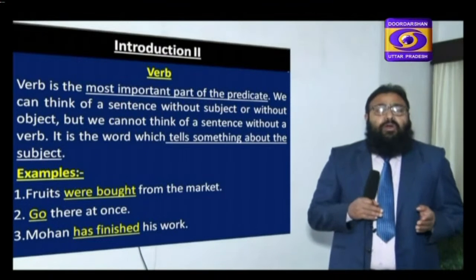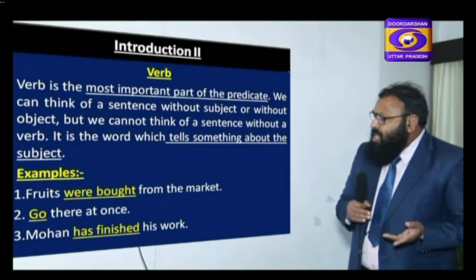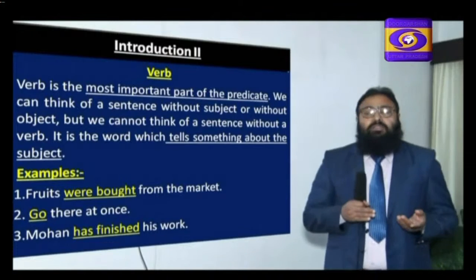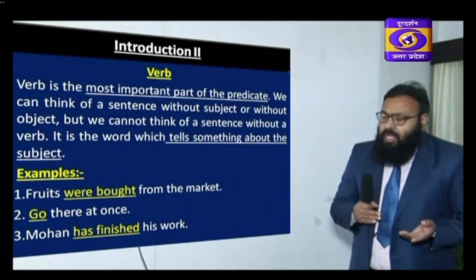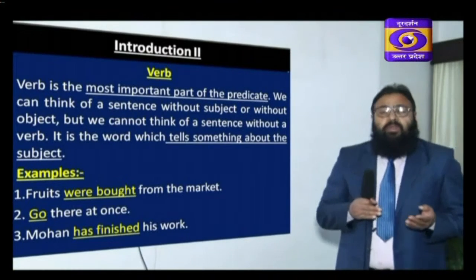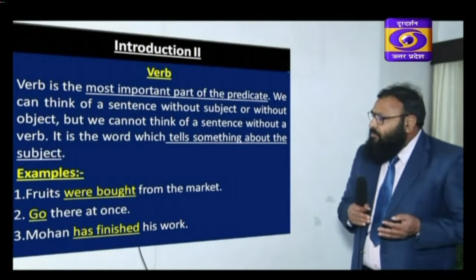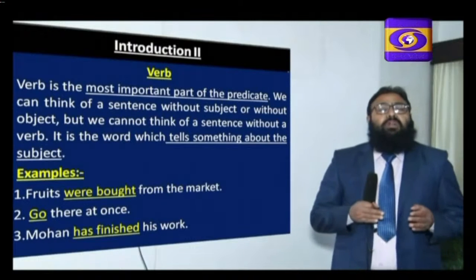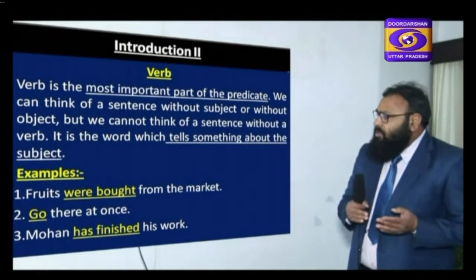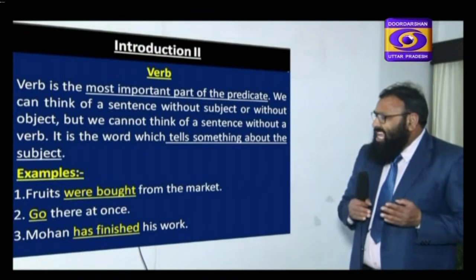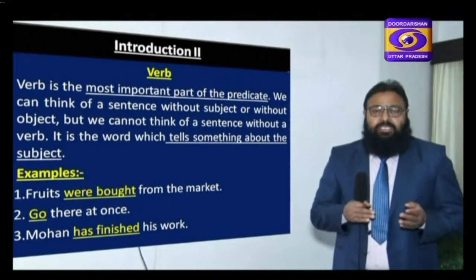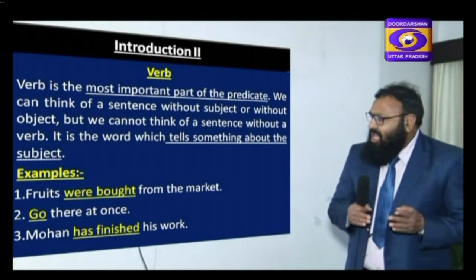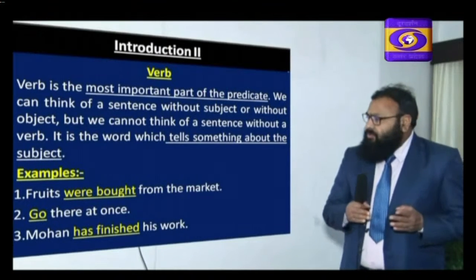Examples are: Fruits were bought from the market. Here fruits is the subject and were bought is the verb because it is telling us about the subject that they were being bought.